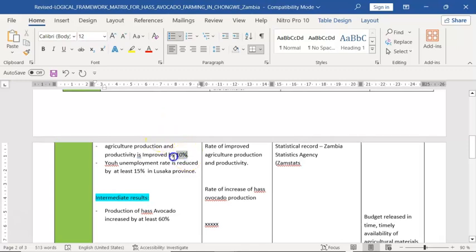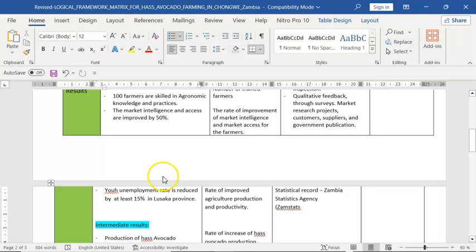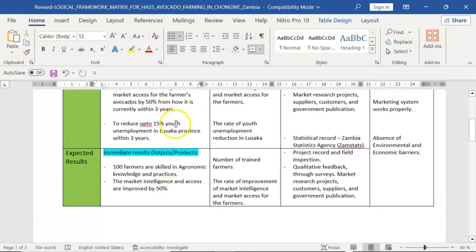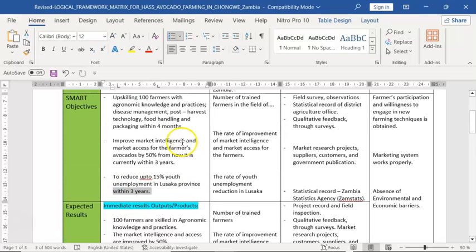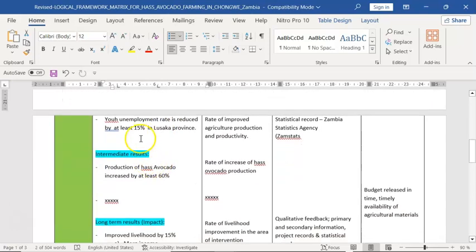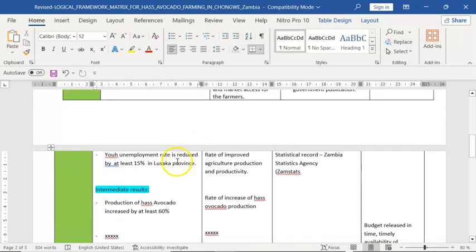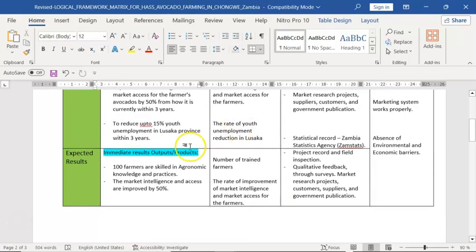So note another very important point here. On the SMART objective, you came with the time factors: within 3 months, 3 years, within 4 months. So on expected result, don't come again with time factors because you project yourself within 3 years.